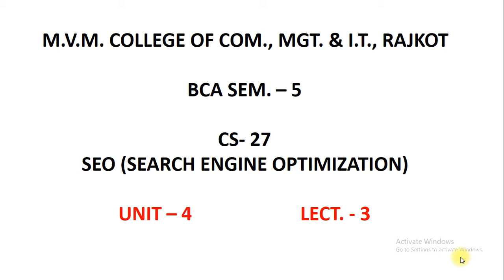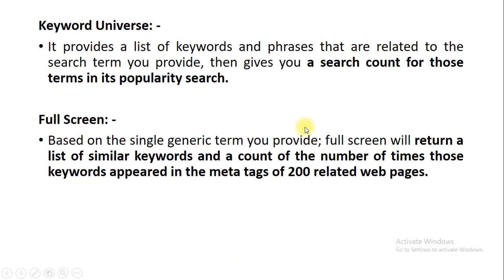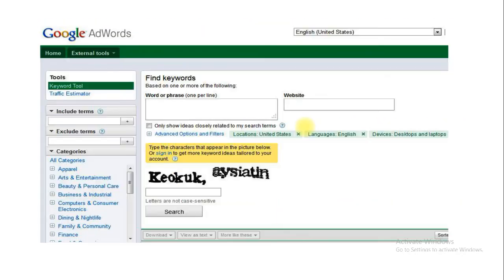So before starting today's session I would like to give a brief theory regarding the keyword research tool. In our previous session we started with the different types of keyword research tools.